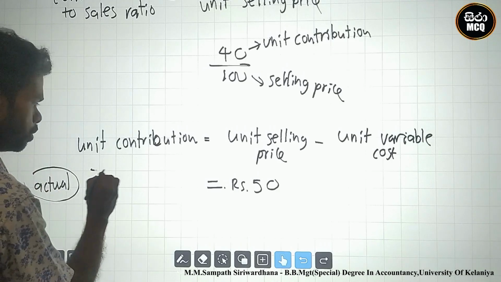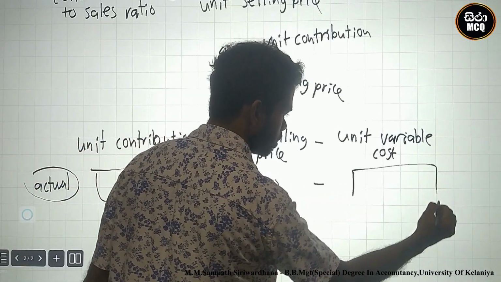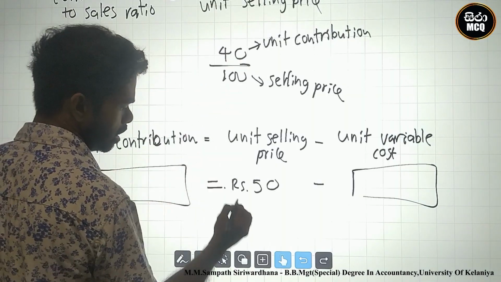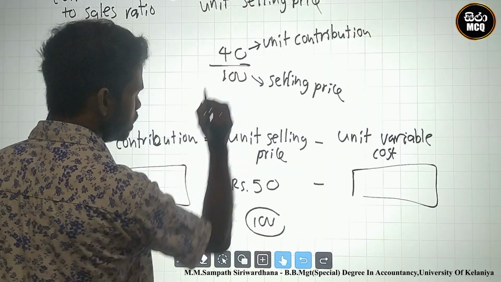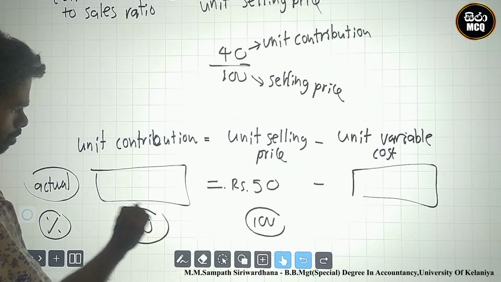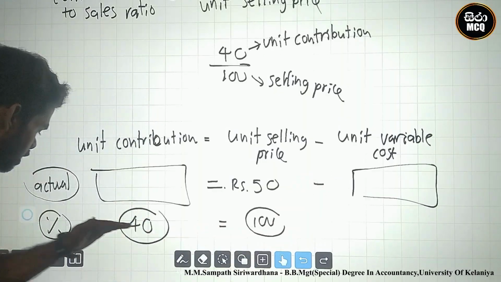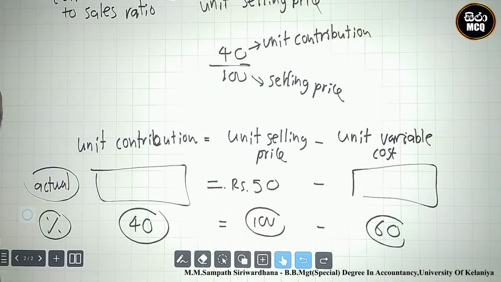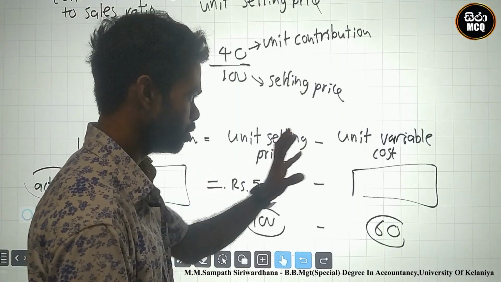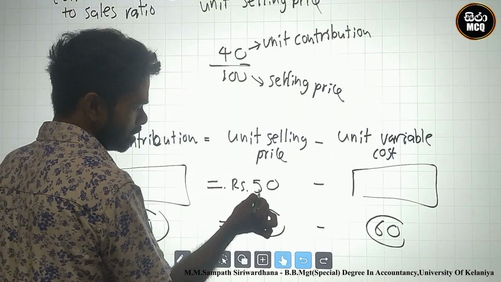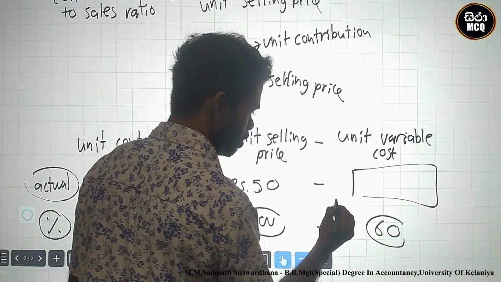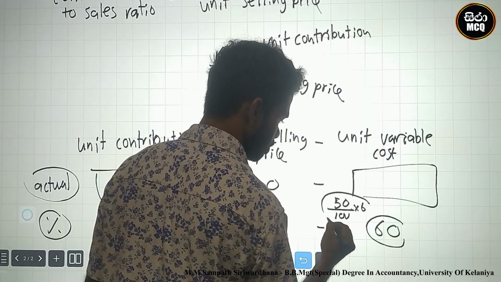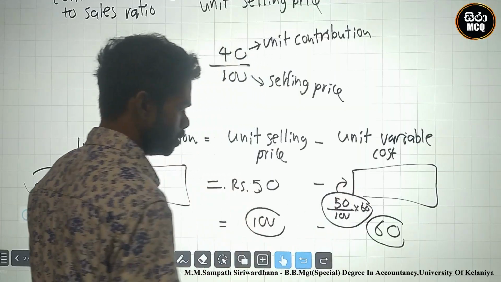There is no information about unit contribution or unit variable cost, so I use the percentage: if the selling price is 100, the contribution is 40, and 100 minus 40 is 60. I link this to the actual value: 50 divided by 100 and multiplied by 60 gives the variable cost.